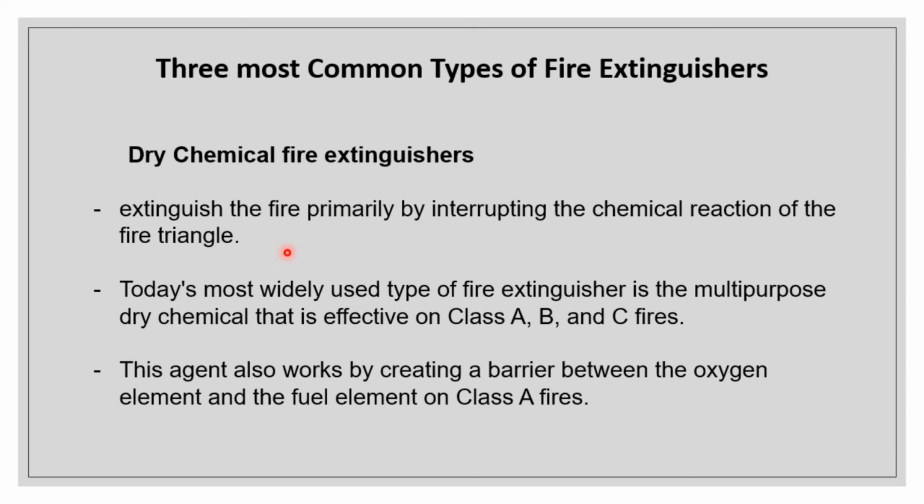It extinguishes the fire primarily by interrupting the chemical reaction of the fire triangle. Today's most widely used type of fire extinguisher is the multi-purpose dry chemical that is effective on Class A, B, and C fires. This agent also works by creating a barrier between the oxygen element and the fuel element on Class A fires.